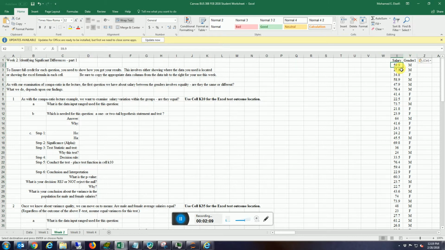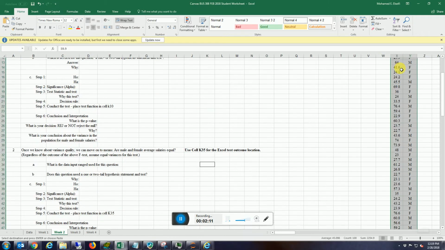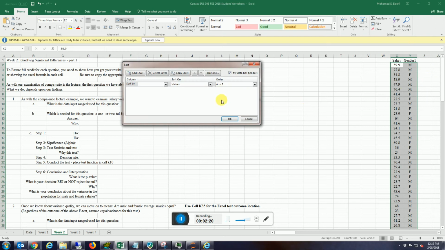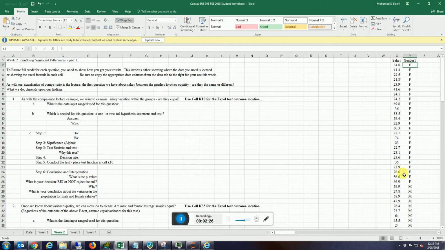And once again, we need to sort this to make sure that we have female separate from males. So we're going to go sort, custom sort, and then we're going to sort by gender 1. So now we have our split, with the females on top and the males on bottom. Very good. So here's our data, so you're just going to write that the data is in columns X and Y.